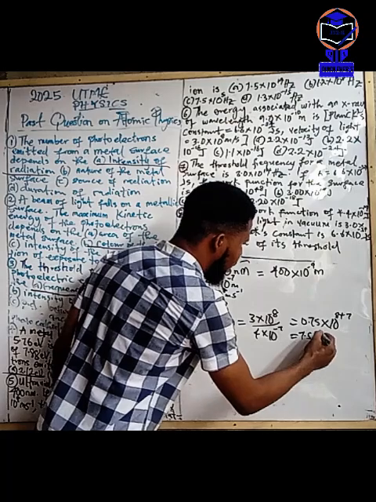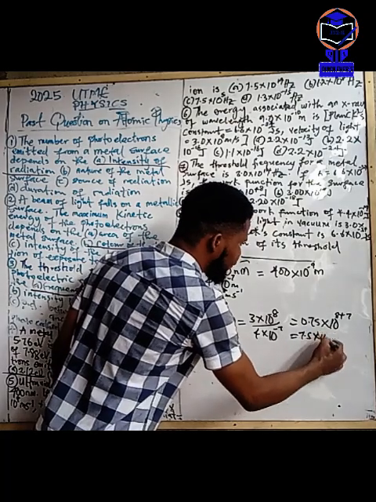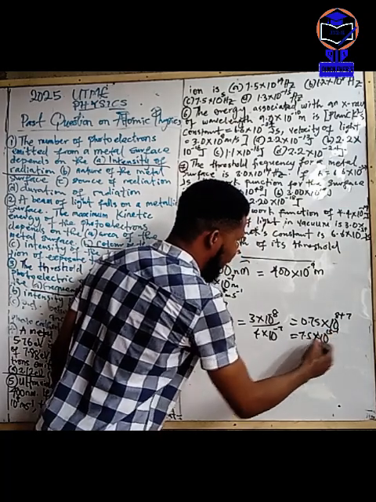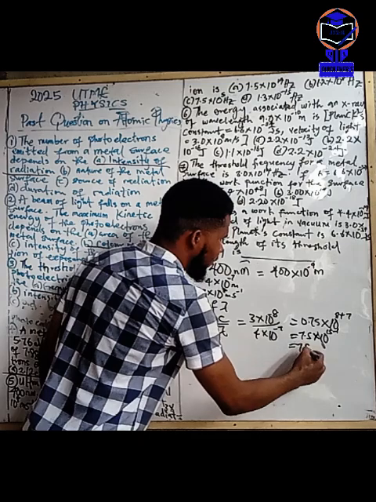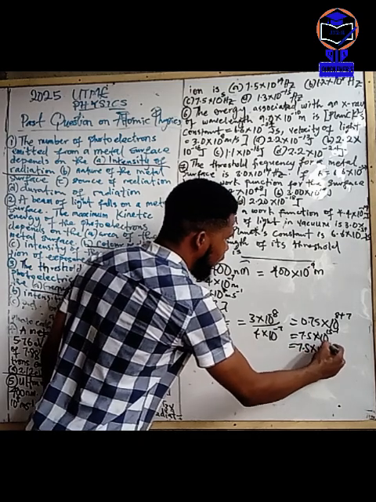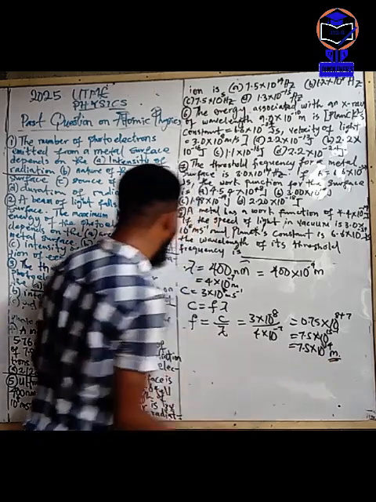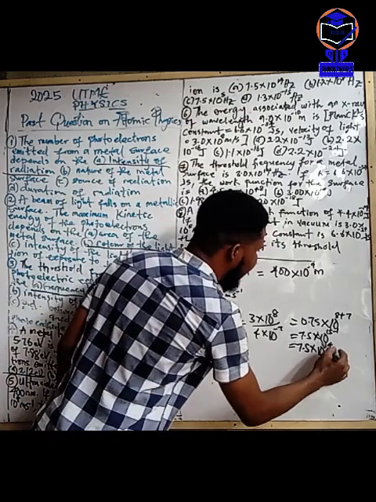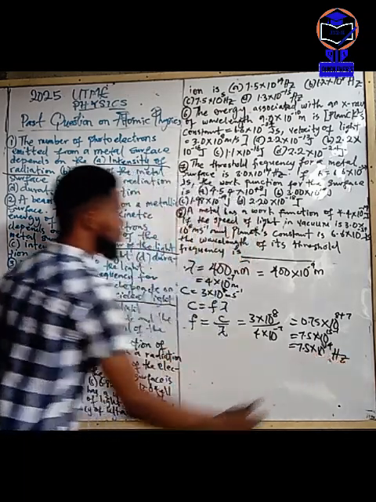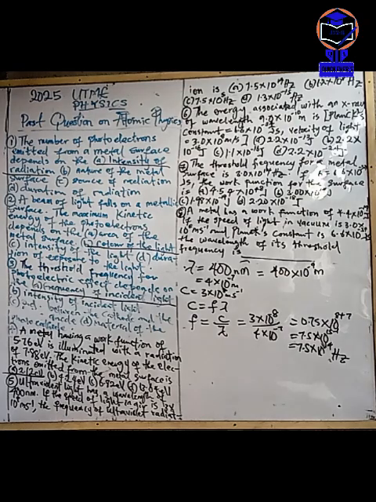So that's 7.5 times 10 power 15 minus 1, which is 7.5 times 10 power 14 hertz. Can we see that beautiful answer?